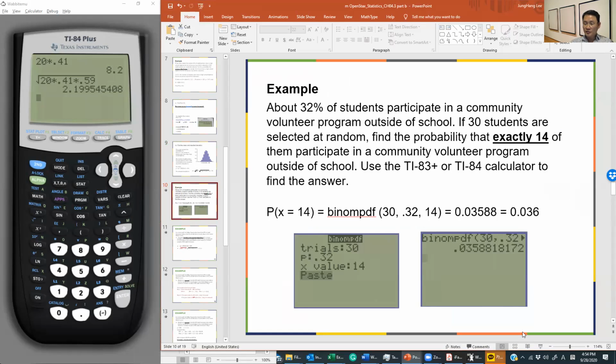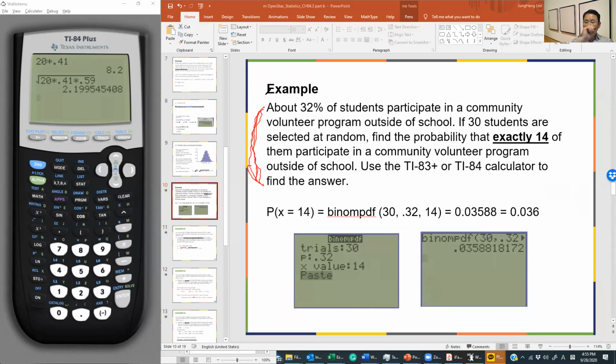So let me give you a little bit of time to try this example. I know that the answer is right there, but why don't you try this example on your own, and then you can check this answer.